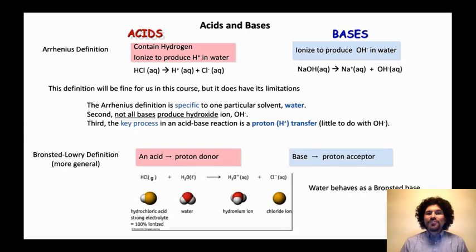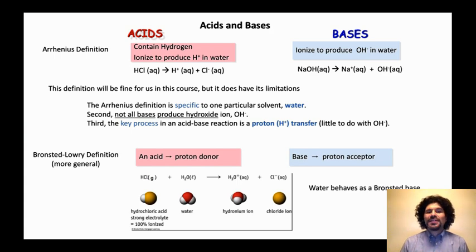So the more general definition of an acid and a base were actually developed by Bronsted and Lowry a few years later. And Bronsted and Lowry have defined an acid as being a proton donor and a base as being a proton acceptor. So in the world of Bronsted and Lowry, an acid is just not going to spontaneously dissociate to give H plus and Cl minus.